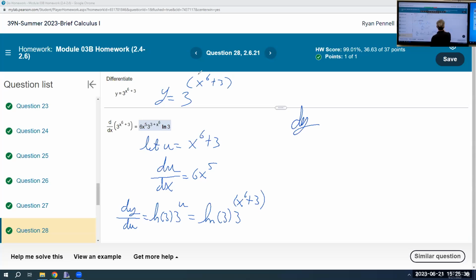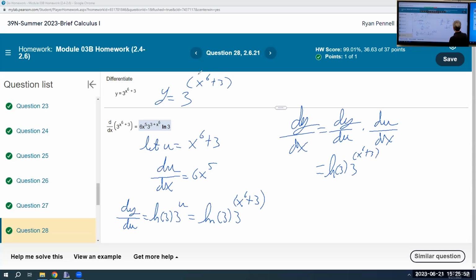dy dx equals dy du times du dx, and that is natural logarithm of 3 times 3 to the x to the sixth plus 3, times du dx, which was 6x to the fifth.